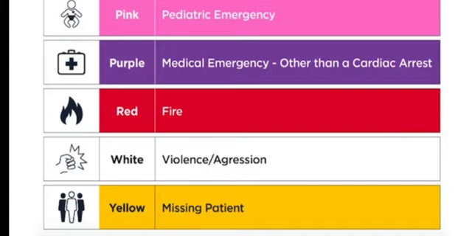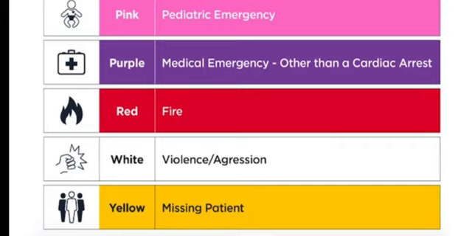Purple is medical emergency other than cardiac arrest. It's a medical emergency but not only cardiac arrest, because for cardiac arrest you use the ECG sign, and here is the sign for medical. Red means fire, smoke or fire, you know about it, and previously you studied it as well. White is violence, aggressive.